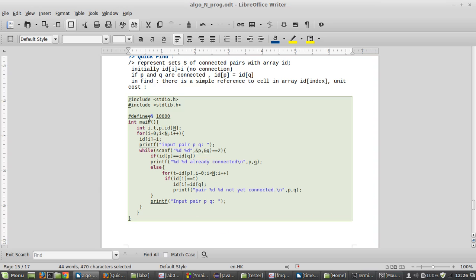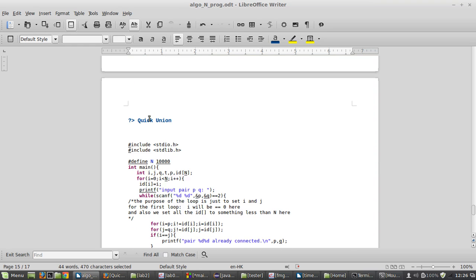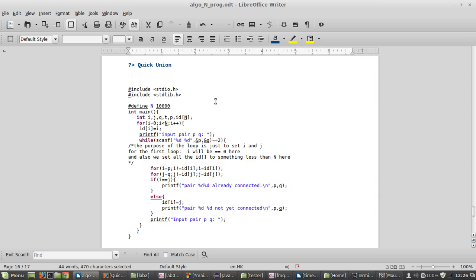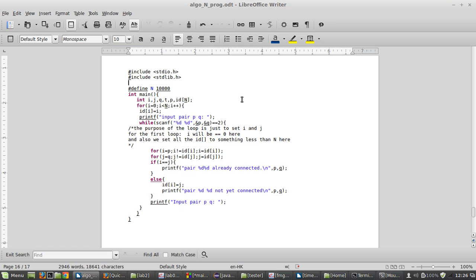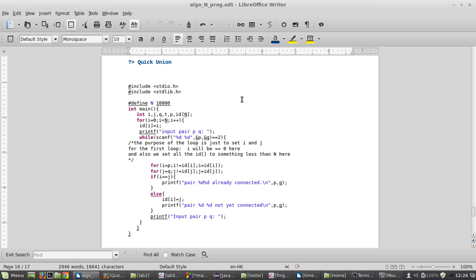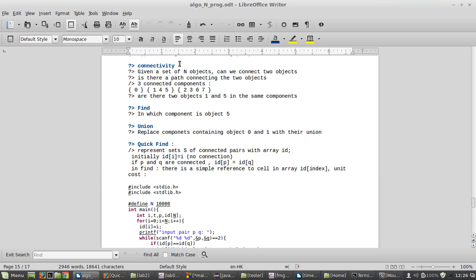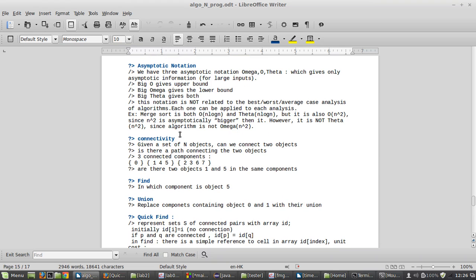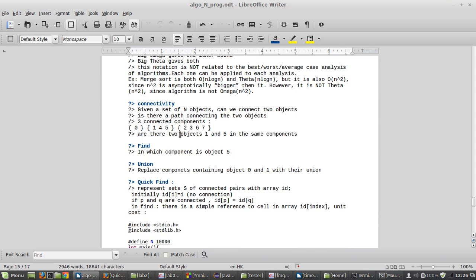Else, if id of p is not equal to id of q, then the pairs were not connected, and now we start to connect them by using this inner loop. And then it also inputs another pair, and similarly you use this quick find to find simply if the pairs are connected or not.